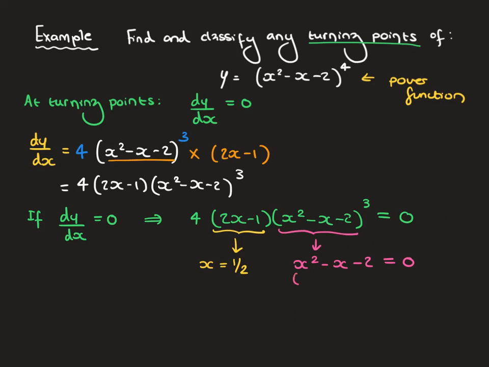Now, this then leads us to a mini quadratic equation, which we can factorise. And this then leads us to the possibilities of x equals 2 and x equals negative 1.